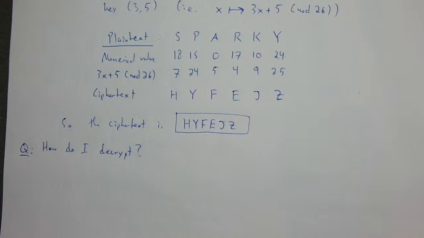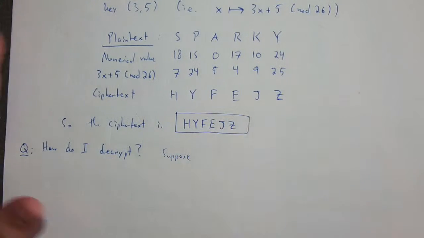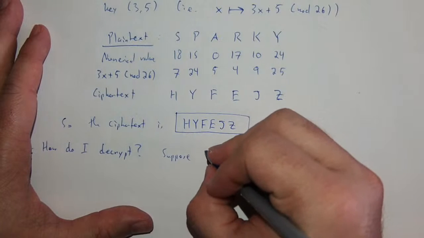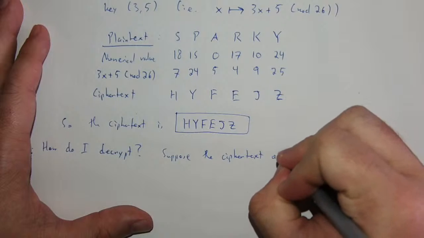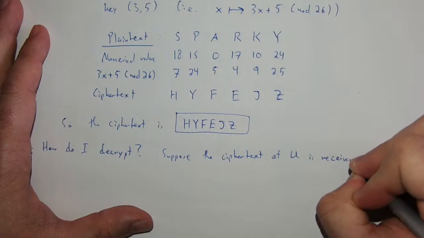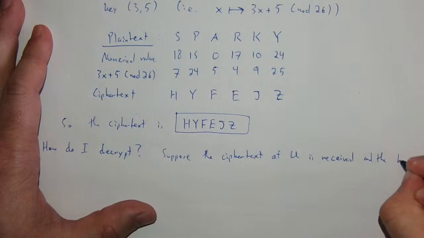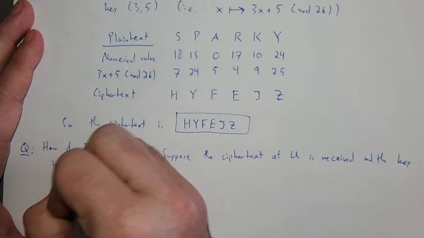So, how do I decrypt then? Well, suppose the cipher text of U is received, and the key is 3-5.